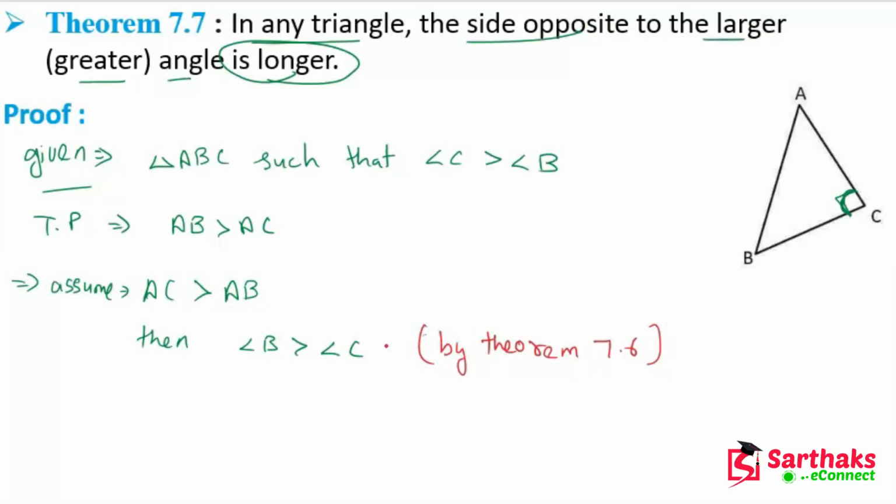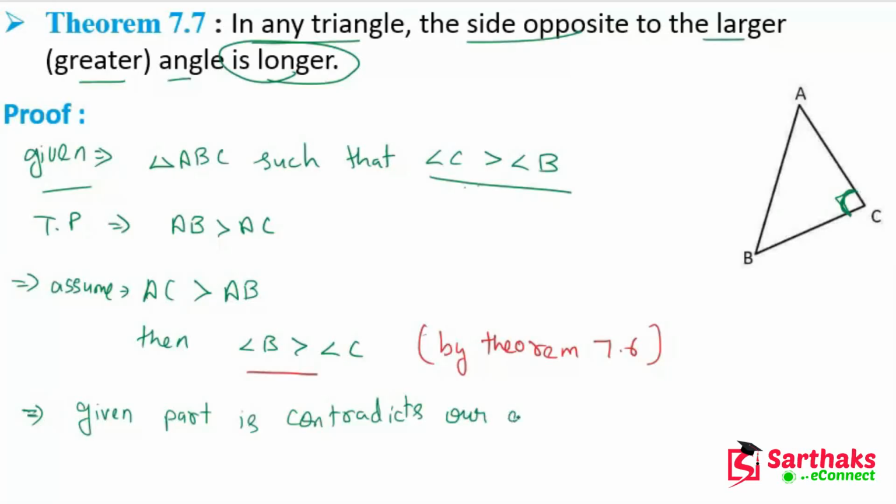So this contradicts our assumption, because we have angle C is greater than angle B. This condition contradicts our assumption.